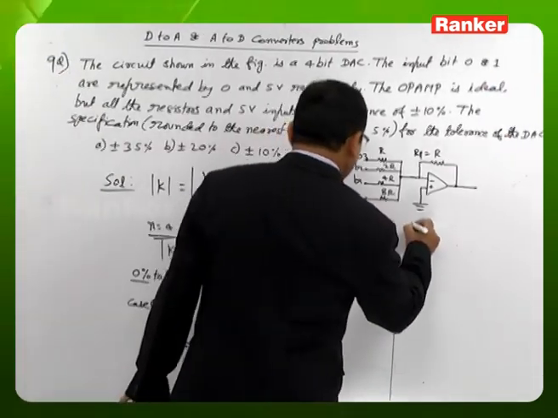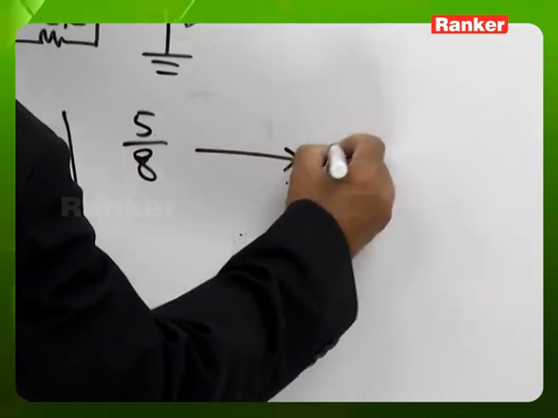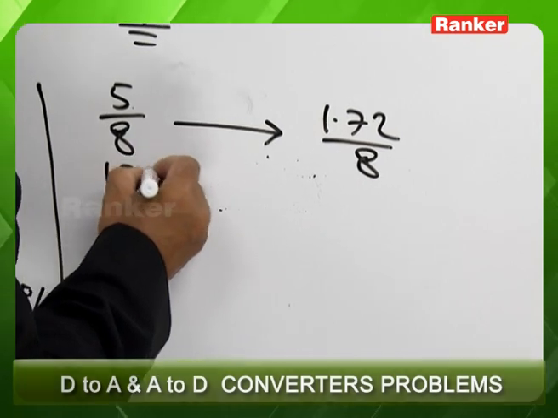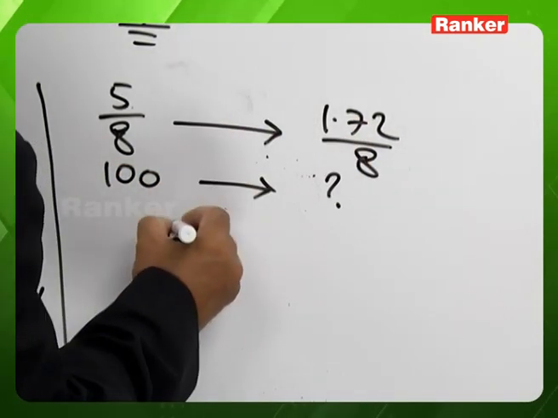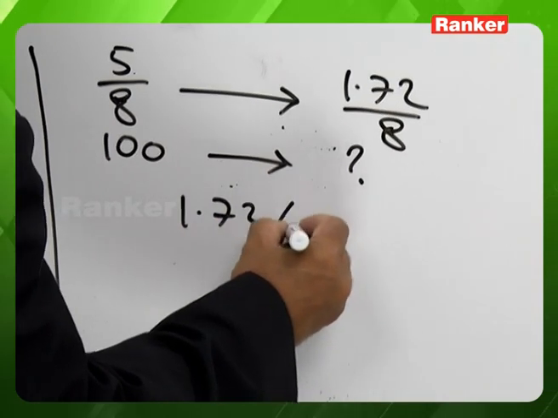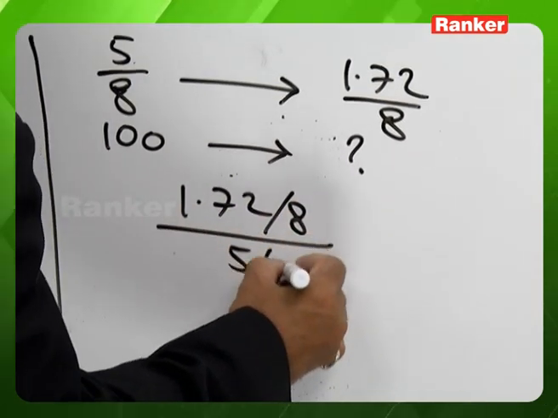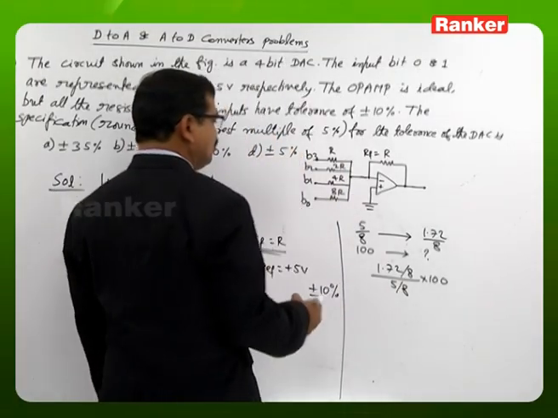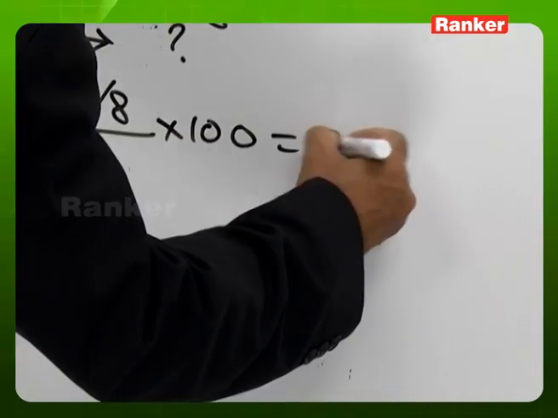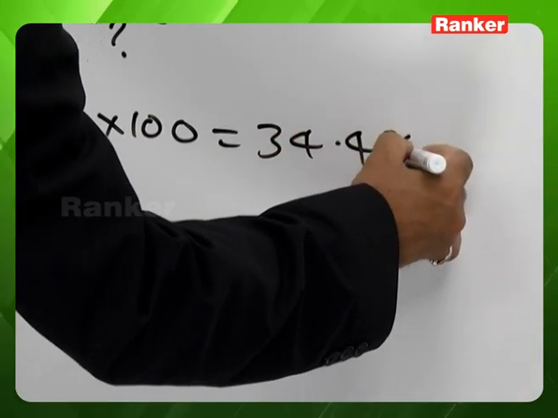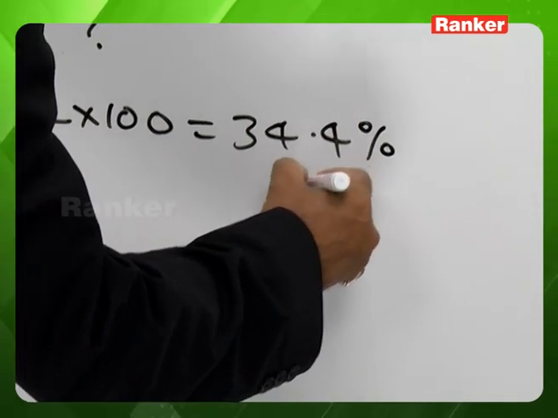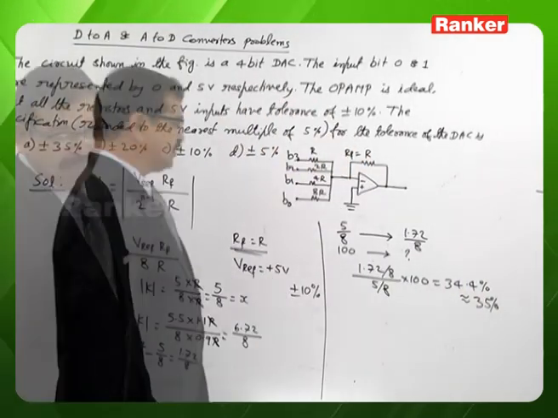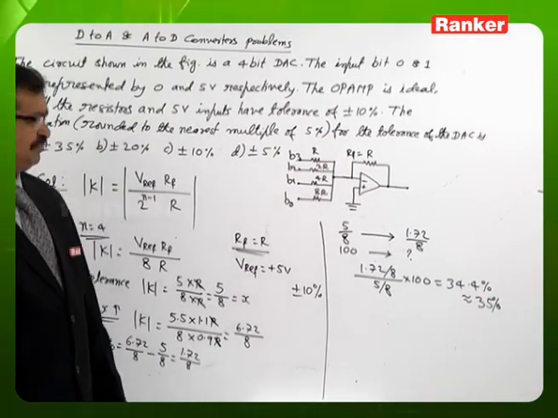For percentage, we take 1.72 by 8 divided by 5 by 8 into 100. So this is coming to be 34.4%. When we are rounding to the nearest 5%, it is coming to be 35%.